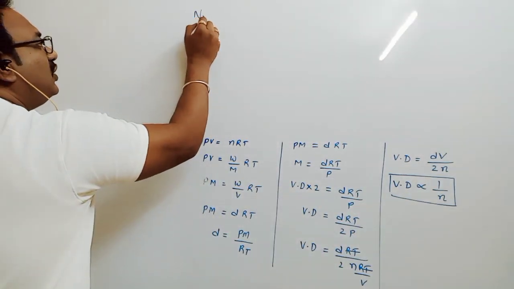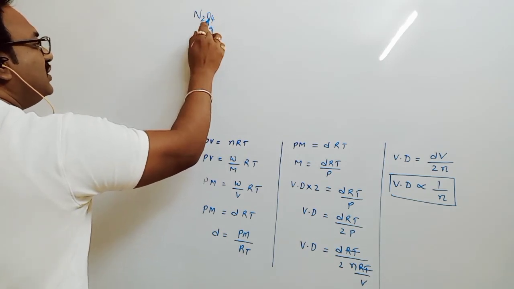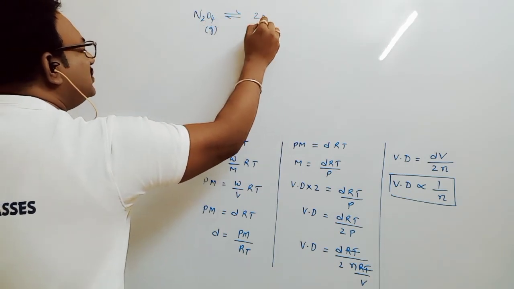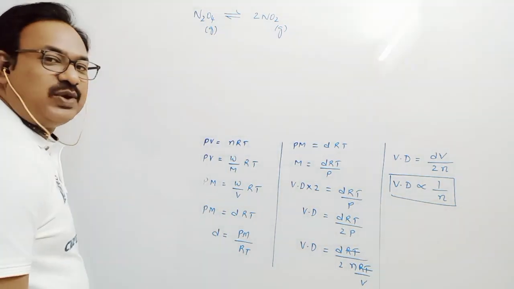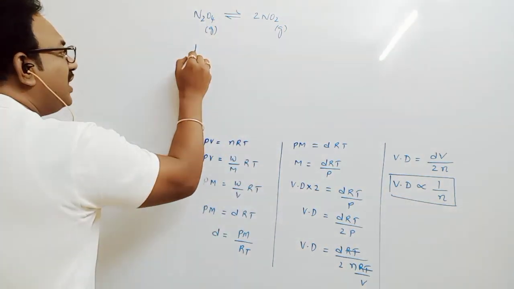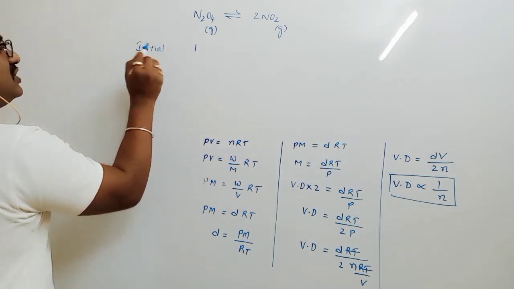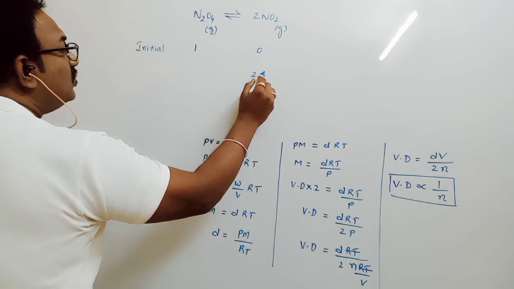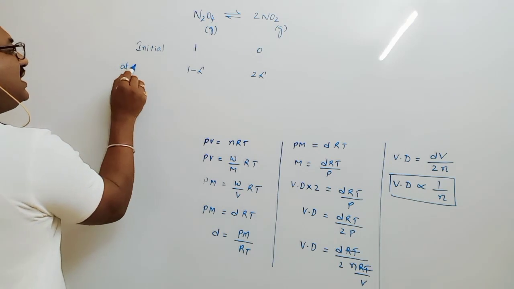Okay, gaseous N2O4, dinitrogen tetroxide, gives rise to 2NO2 gas. Initially I have taken 1 mole. Initial moles are 1 and 0. Now at equilibrium it is 1 minus alpha and 2 alpha.